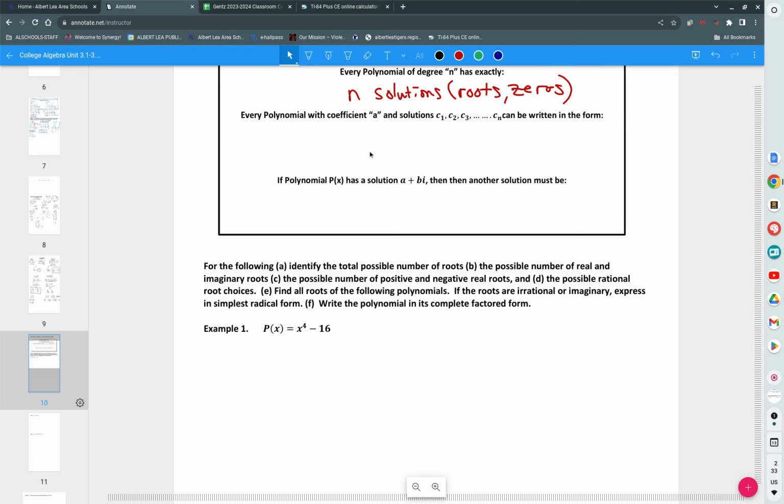It also says that every polynomial with coefficient a and solutions c sub 1, c sub 2, c sub 3, and c sub n can be written in the form p of x equals x minus c sub 1 times x minus c sub 2 times x minus c sub 3 times x minus c sub n.